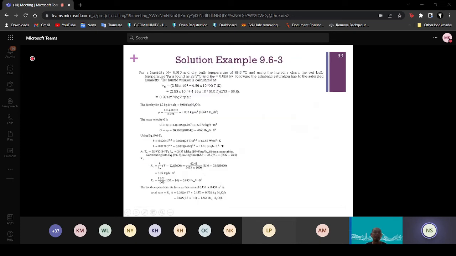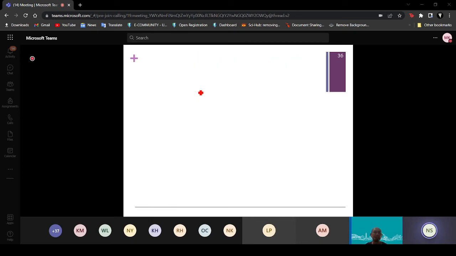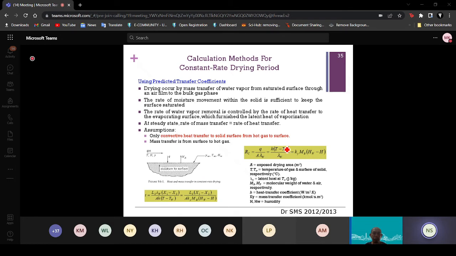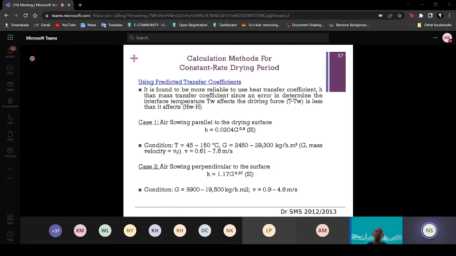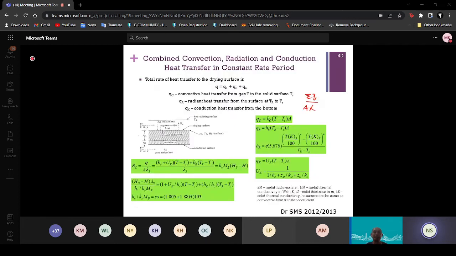Previously, the difference was that T wet bulb and latent heat at wet bulb were used. But when conduction, convection and radiation are involved, it is no longer wet bulb; rather it uses TS, so the latent heat is also at the TS surface.